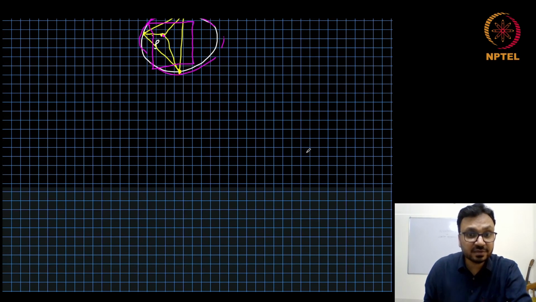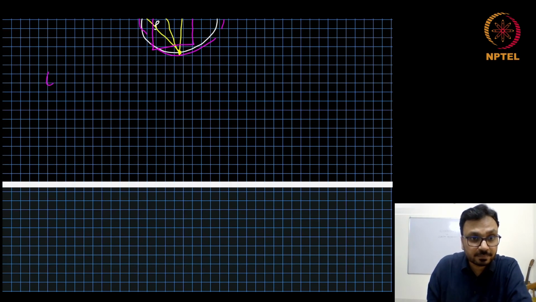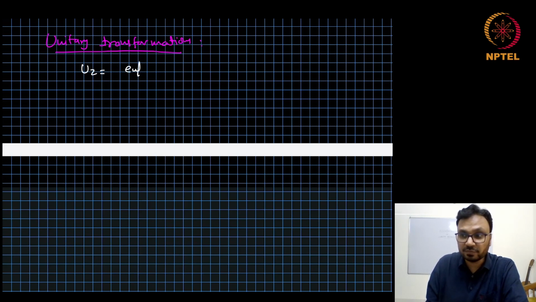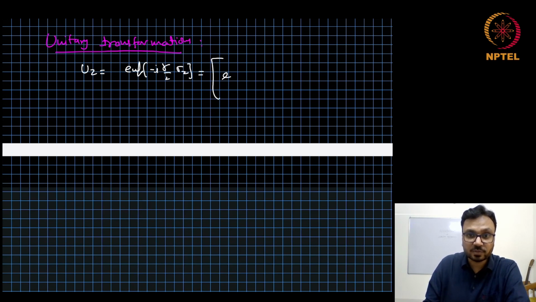Next is the unitary transformation in the Bloch sphere. Let us consider again Uz, which is exponential of minus i gamma over 2 sigma z, which is also exponential of minus i gamma over 2, exponential of i gamma over 2.